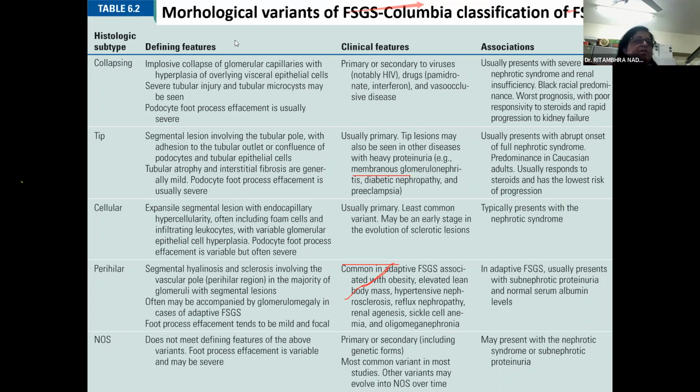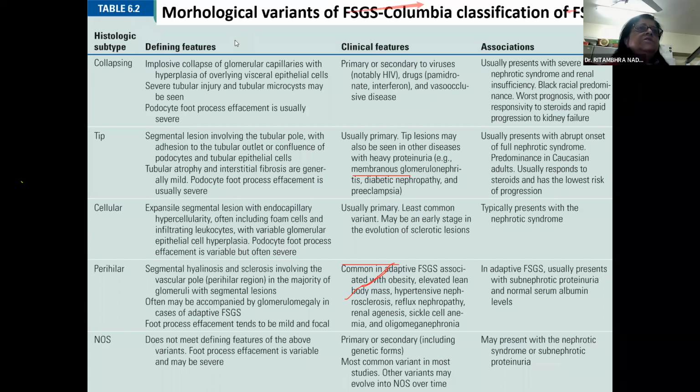Collapsing FSGS of whatever etiology looks alike, except that if we are able to see an occluded arteriole in the vicinity, then generally we assume that this is a secondary collapse because of vascular occlusion, which is one of the causes of collapsing FSGS, and probably they behave differently than other causes of collapsing glomerulopathy or FSGS.